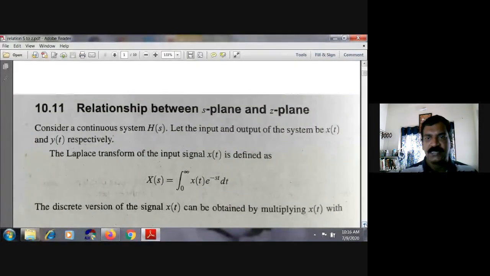Basically, what is the Laplace transform equation?